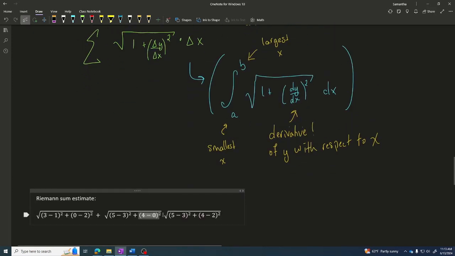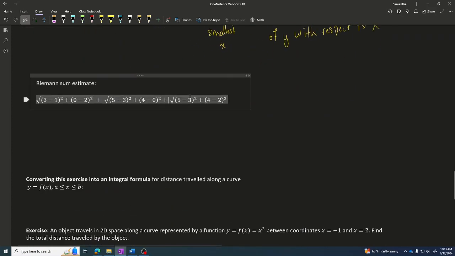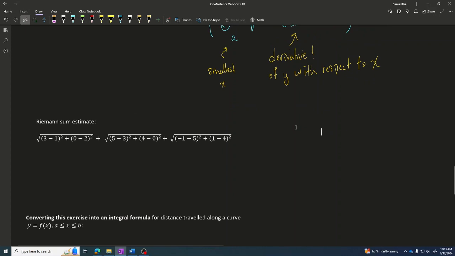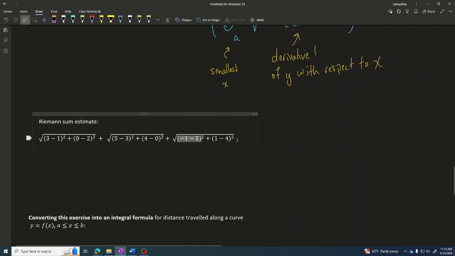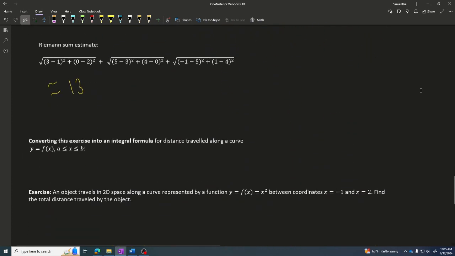And then we finally have the distance between 5, 4 and -1, 1. So this expression, the sum of these three lengths, would be an estimate for the total distance traveled by this object, and you can get the estimated value in a calculator. Looks like that is about 13 units of length, which feels right based on the picture. Seems reasonable.